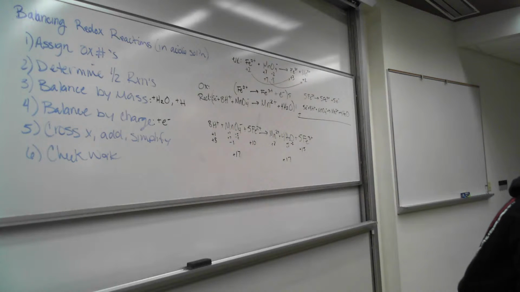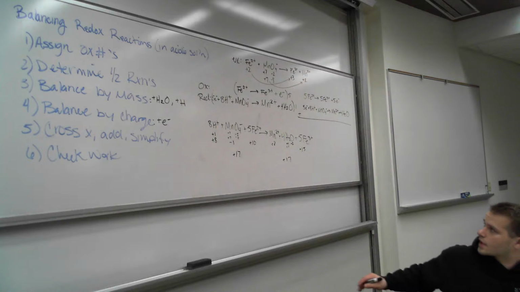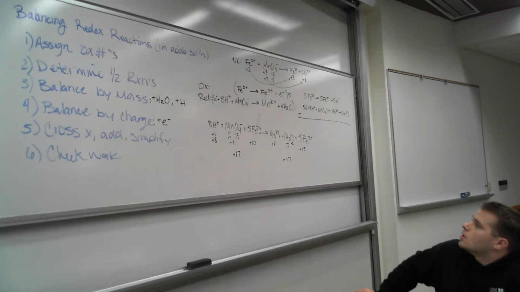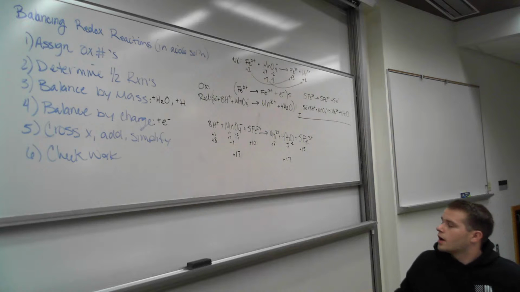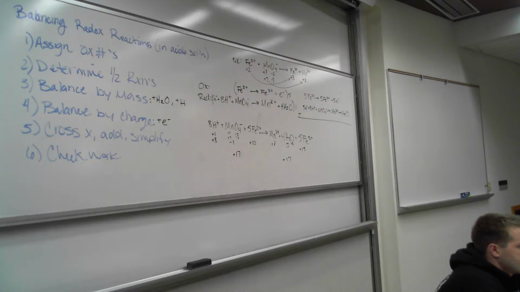That means we didn't mess up along the way, and we have our final answer. You will notice, because your oxidation numbers are directly related to the charge on the compounds, if you add up the charges on both sides of the equation, they will also equal each other.